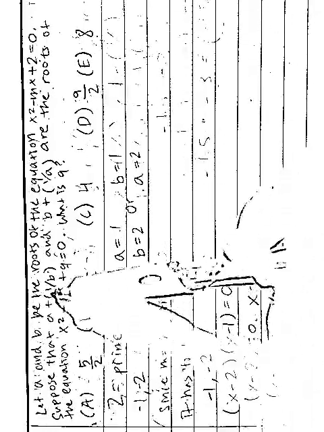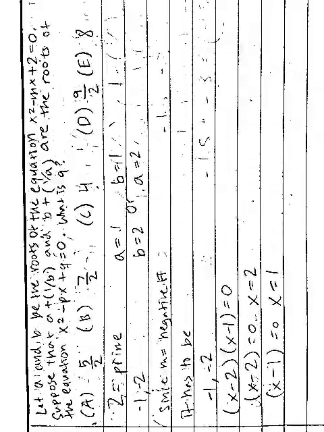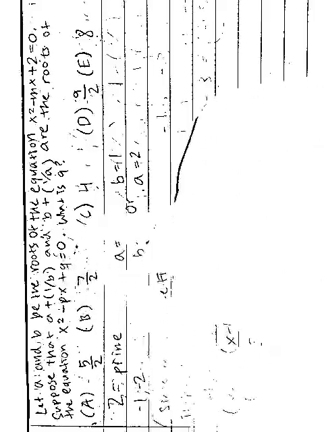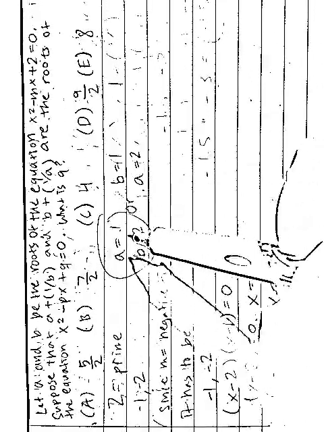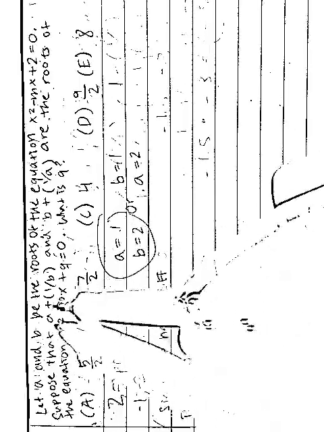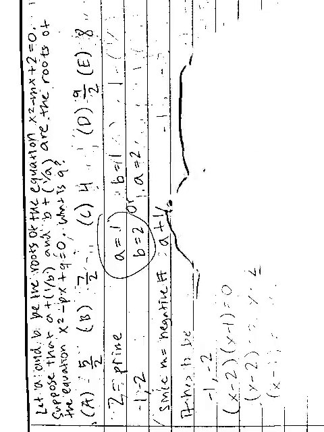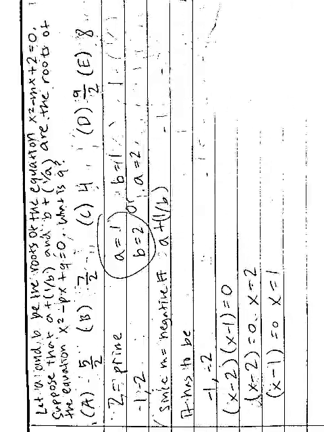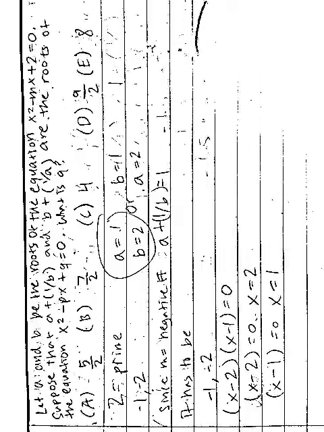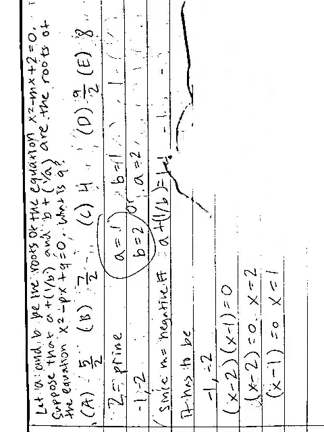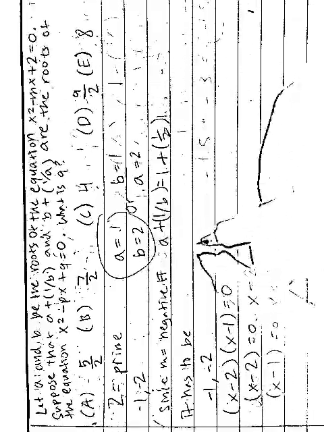Suppose that a plus 1 over b and b plus 1 over a are the roots of the equation. I'm just going to plug this in to this. So the first one is a plus 1 over b. So a equals 1, so 1 plus 1 over 2, since b equals 2.